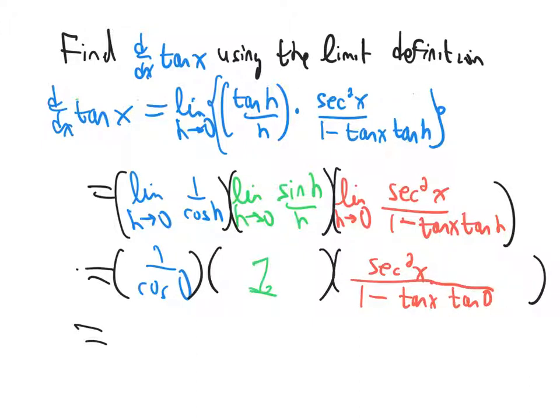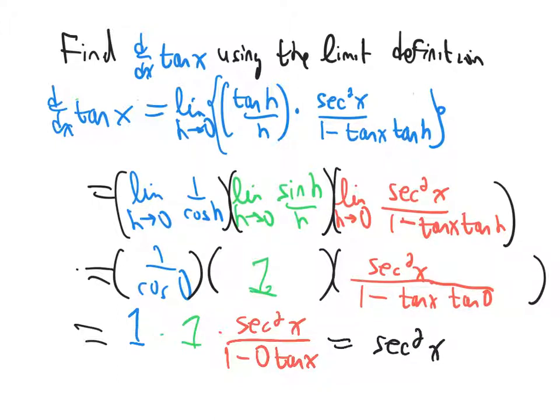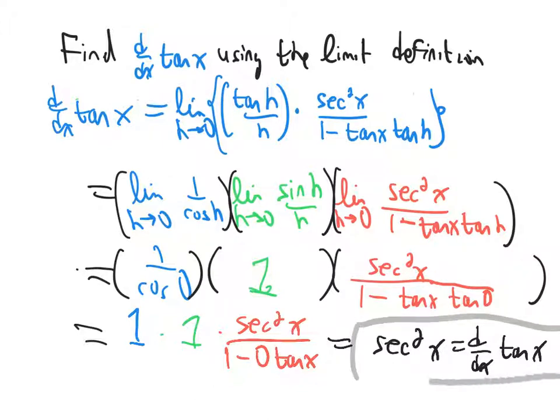So we have 1 times 1 times the secant squared of x over 1 minus 0 times tan x. But of course, 0 times tan x is just 0, and 1 minus that is just 1, and so in the end, all of it comes out to be secant squared x, which, to remind you, is the derivative with respect to x of tangent of x via limit definitions. Done.